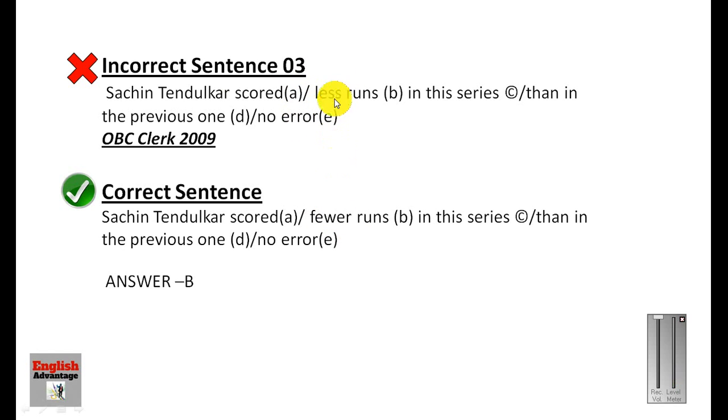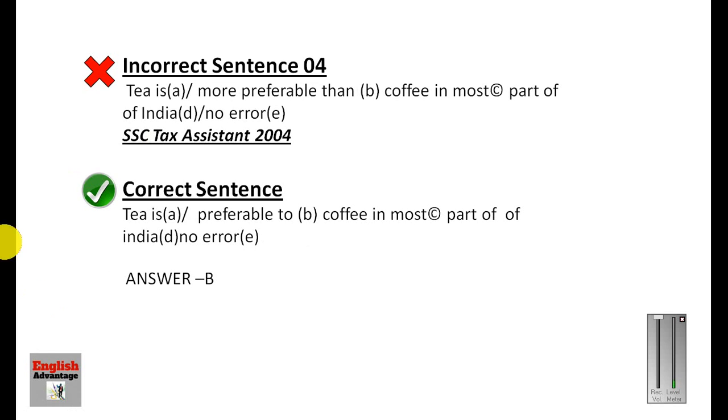Since runs is a countable noun, we have to use fewer here, not less. This is very, very important, and this question has come in OBC Clerk 2009 exam. All the questions I have taken from the previous year question papers, and these questions are all very, very important. I have indicated here. Now let us see the next question.